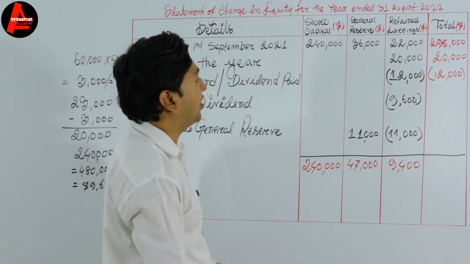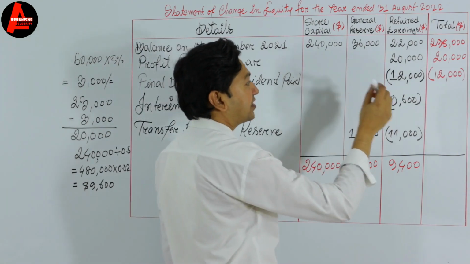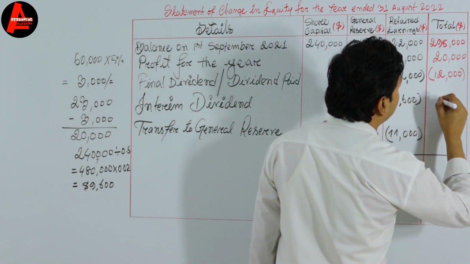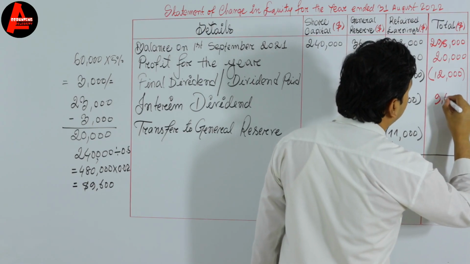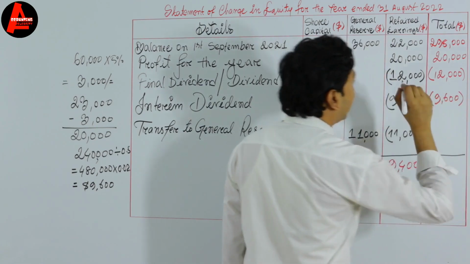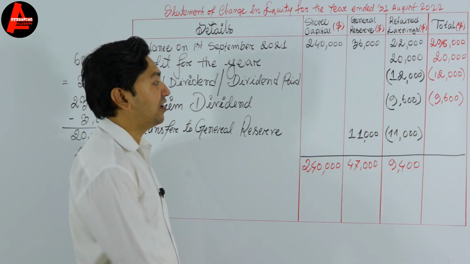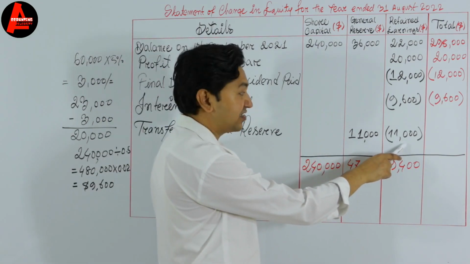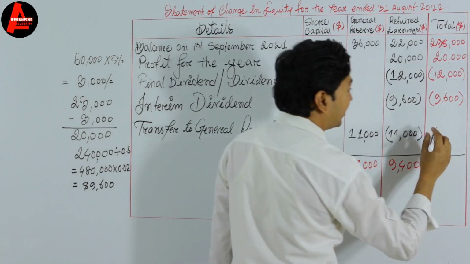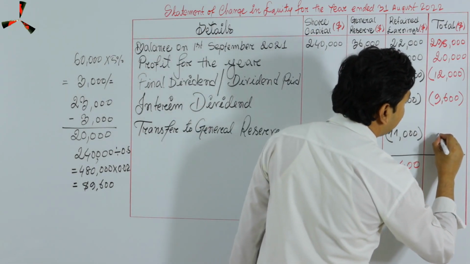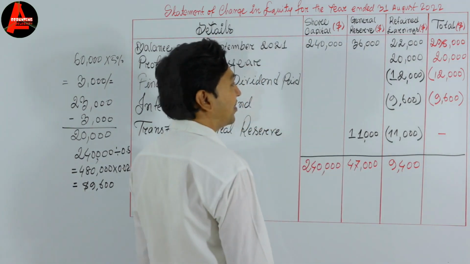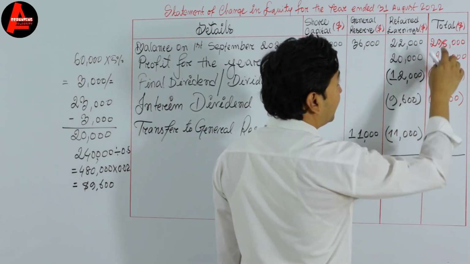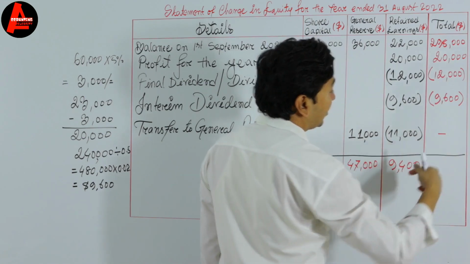Here only one item, $9,600, it is a negative figure, so we will subtract $9,600. Then we have plus $11,000 and minus $11,000. So here we have nothing, zero. So it is nil.